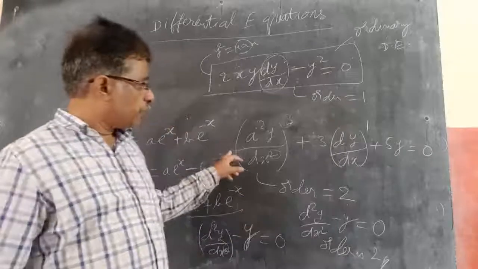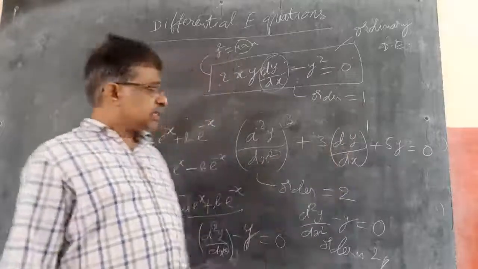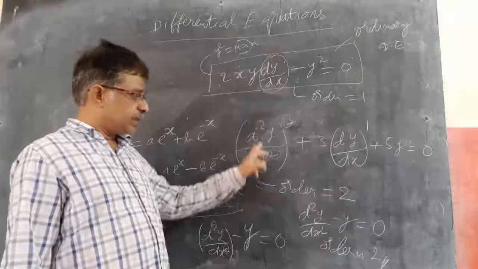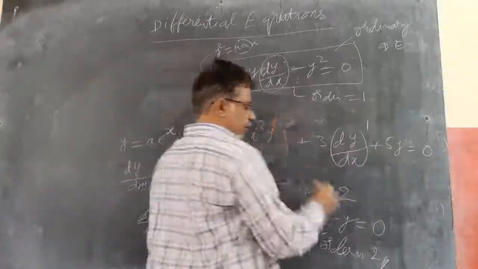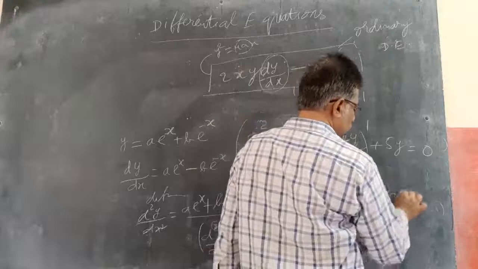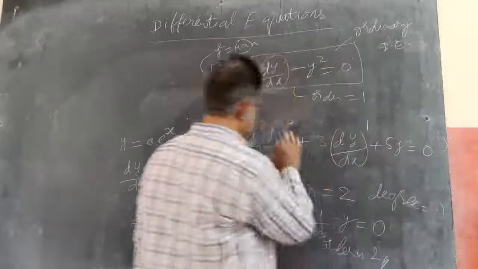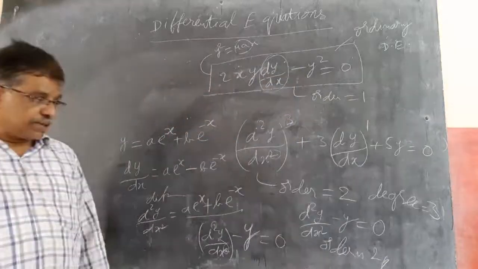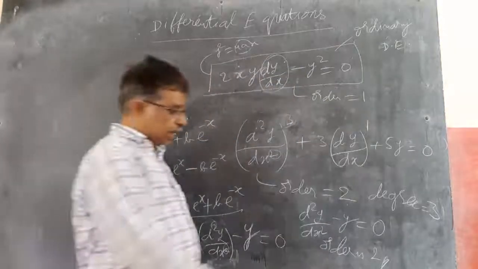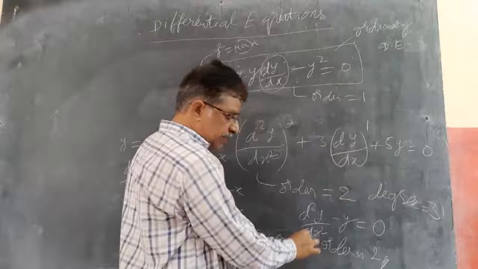Now, if you see this, the highest derivative here is d square y by dx square, so order is 2. The highest power of this is the degree, so the degree of this differential equation is 3. Coming to this one, order is 2, the highest derivative is this.